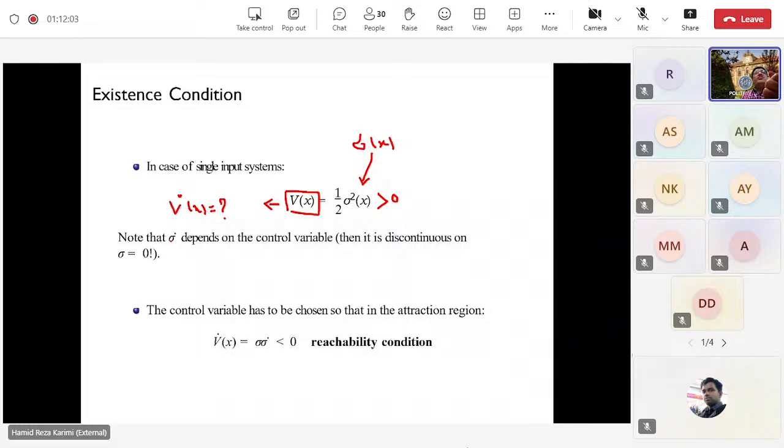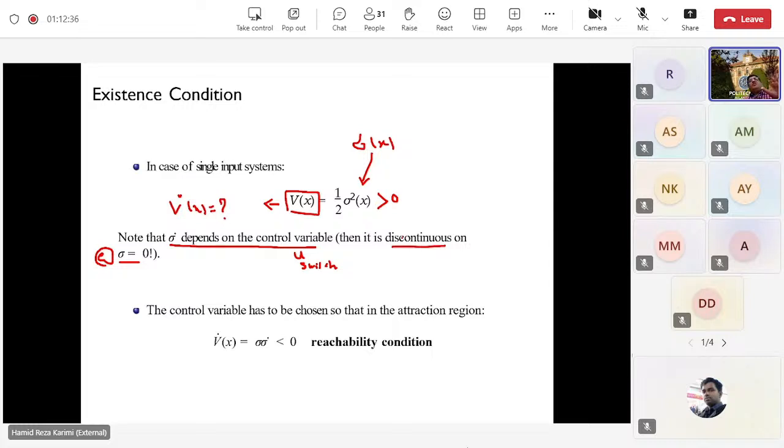So you need to remember that sigma dot depends on the control variables. Then it's discontinuous at sigma zero. You remember that sigma dot depends on the control variable u, so it has some switching, and therefore at sigma zero there is some discontinuity.